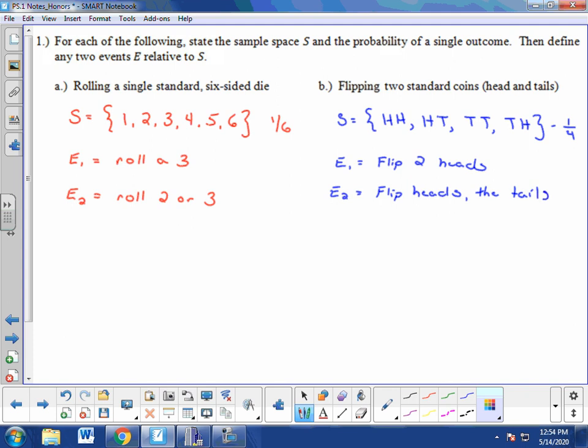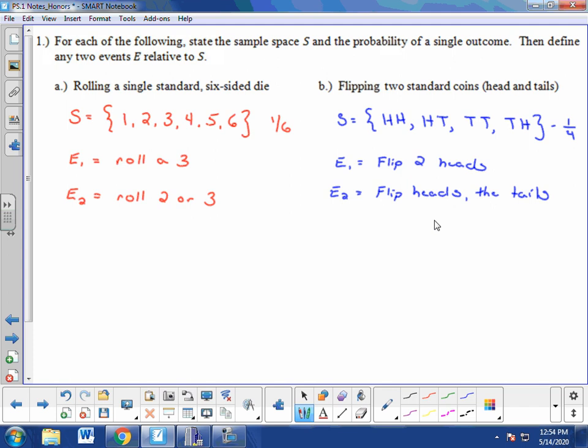So these are singular events, but they're still events that could occur. You could have any combination of possible outcomes from the sample space to give us an event. You don't have to have exactly the same thing, but as long as it's an outcome that exists in the sample space, it can be considered an event.